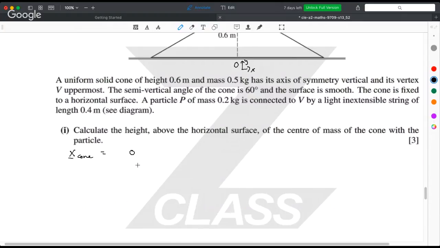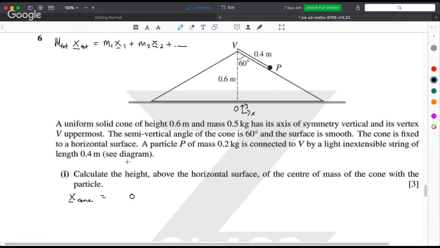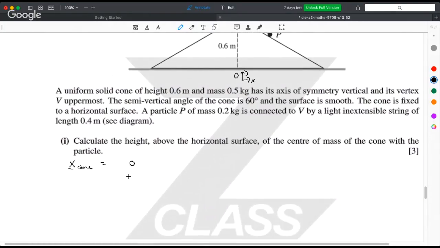It's 3/4 down from the vertex, so 1/4 up from the bottom. That's a subtlety. Don't think it's 3/4 up from the bottom. And it makes sense intuitively, right? You think it would be close to the bottom because that's where most of the mass is. So it's given by 1/4 times the height, and this is equal to 0 and 0.15.